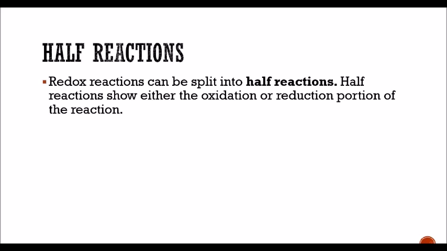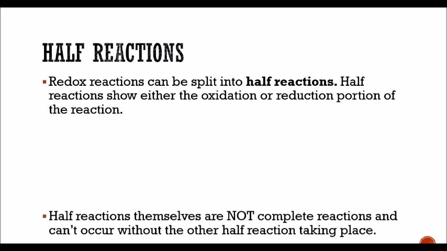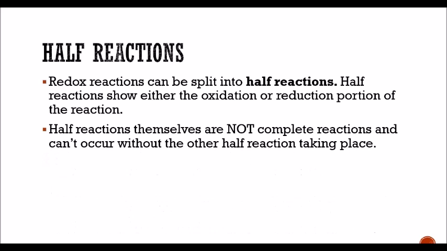Very often it's helpful to split redox reactions into what we call half reactions. Half reactions either show the oxidation or reduction portion of the reaction. It's really important to realize half reactions themselves are not complete reactions. It's just like it says, it's a half reaction. It's only half of what's happening.